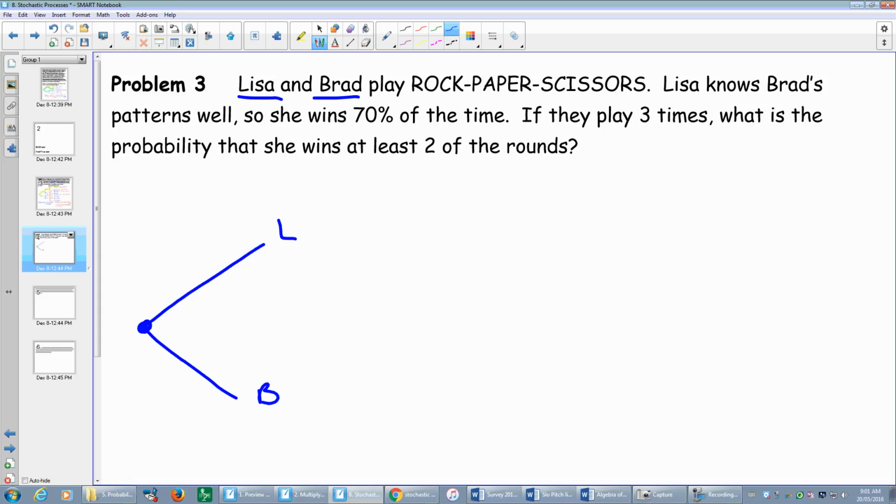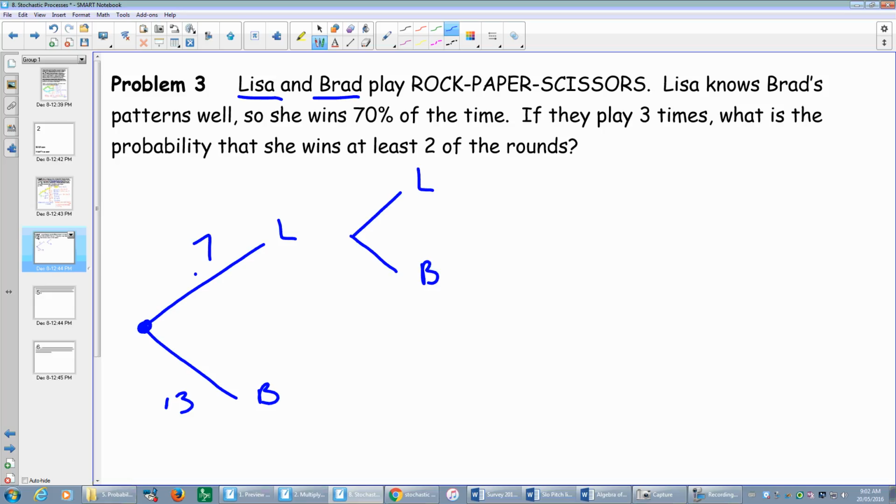So what would I write for my first tree branch here? Curtis, what would I write here for, what's the probability that Lisa wins? 0.7. And the probability that Brad wins? 0.3. Okay, so if Lisa wins the first one, what's the probability that Lisa wins the next one?